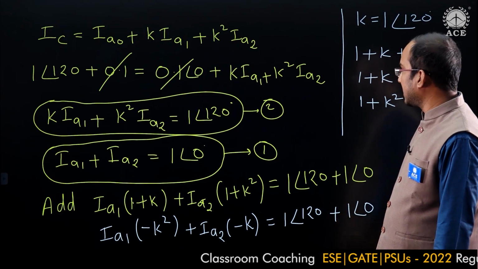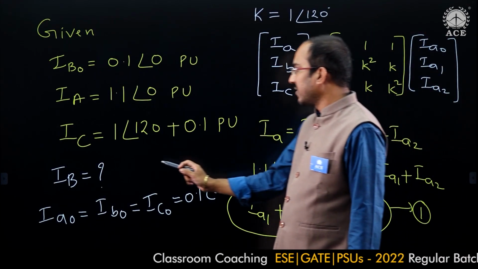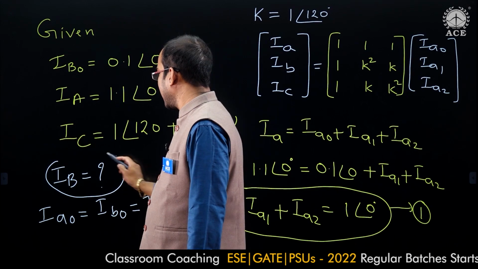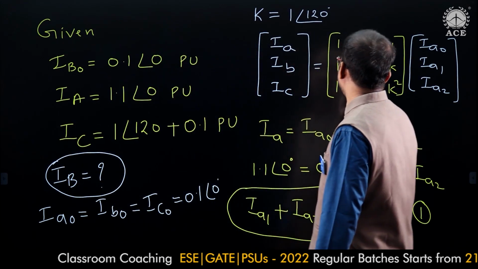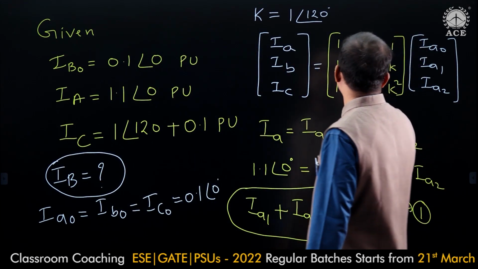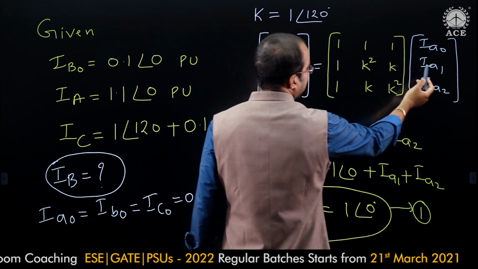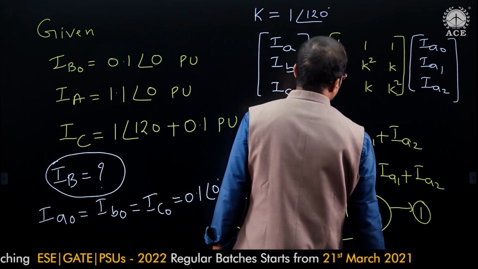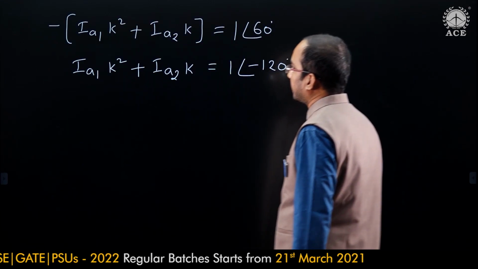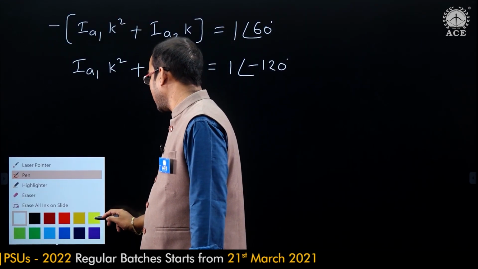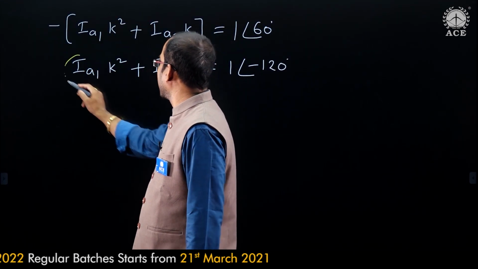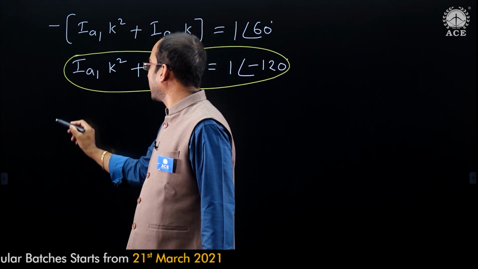Now we got this result. What is the required value? We need to calculate IB. From this matrix, the value of IB can be written as IA0 plus K square IA1 plus K times IA2. So the required value is not this expression; we require the value of IB.